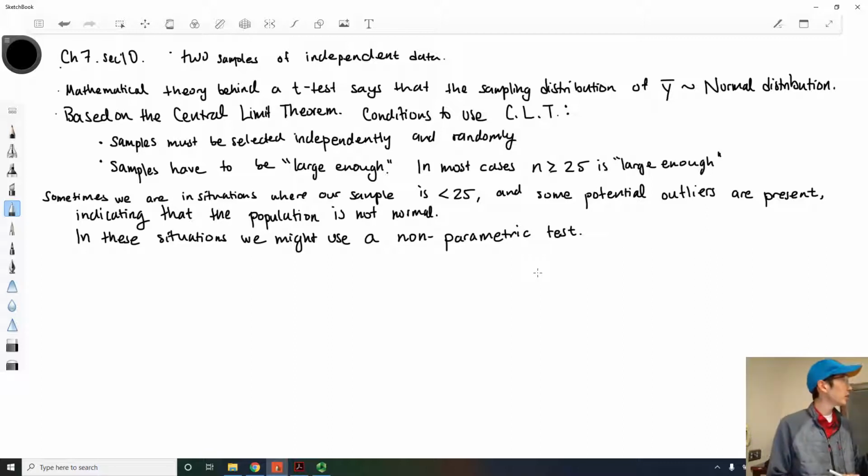So the key thing about non-parametric tests is that they do not make any assumptions about what the sampling distribution looks like, okay? With the central limit theorem, we're saying the sampling distribution looks like the normal distribution, or we can relax it and use the t distribution, but we're basically using these mathematical distributions. Non-parametric tests don't do any of that. We call them non-parametric tests because we don't use any parameters like the mean of the population or the standard deviation of the population.